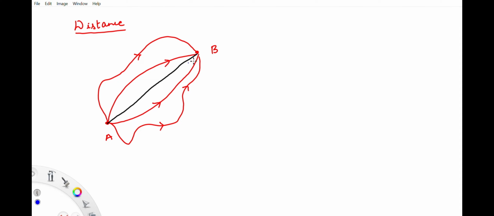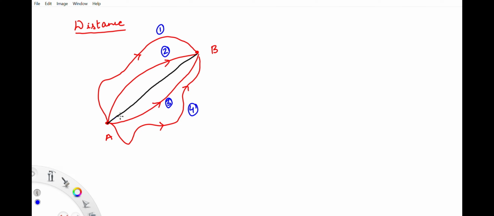So you see the red colored curves over here? All these red colored curves, 1, 2, 3 and 4, basically give you information about the path length between points A and B. So I have taken different path lengths, but still I have reached point B, right?